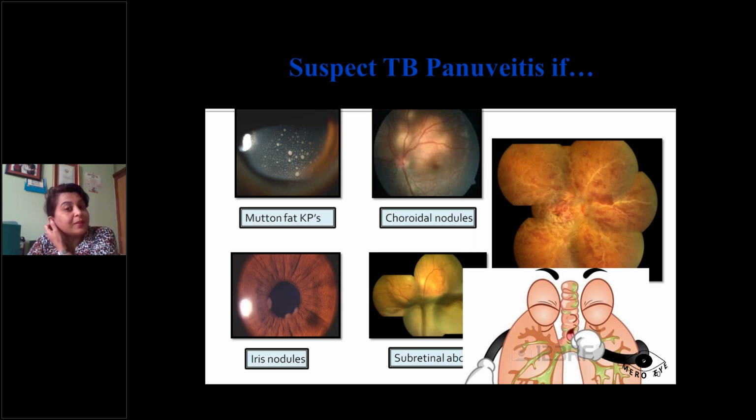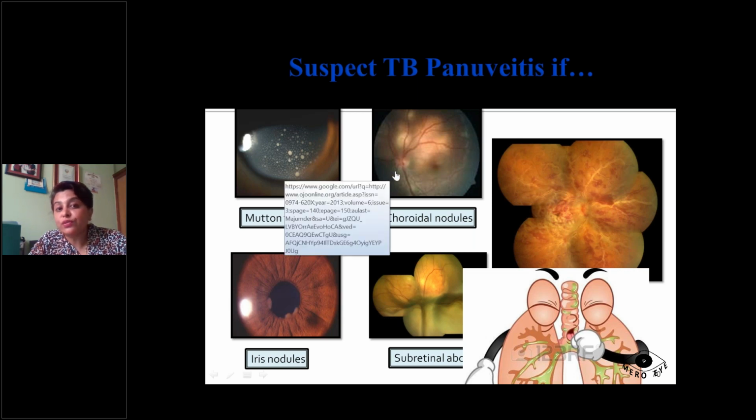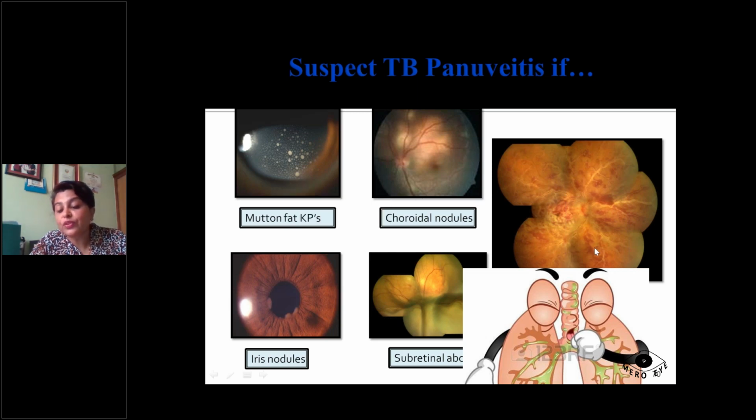With mutton fat KPs in the anterior segment examination, if you take a closer look, you might find choroidal nodules. This could be a case of tuberculosis, or sometimes a subretinal abscess, and in fact it could be proven as tuberculosis with the help of PCR.